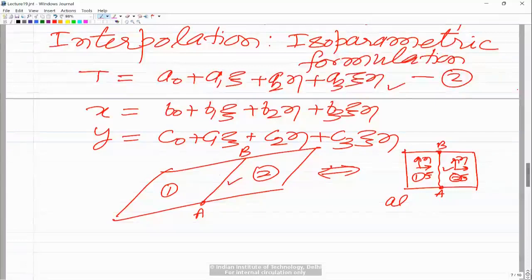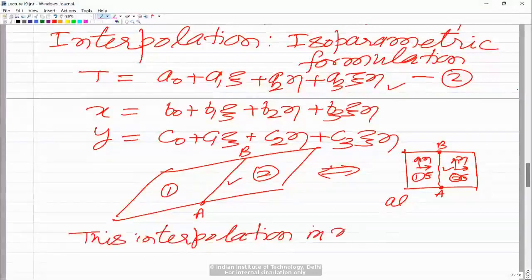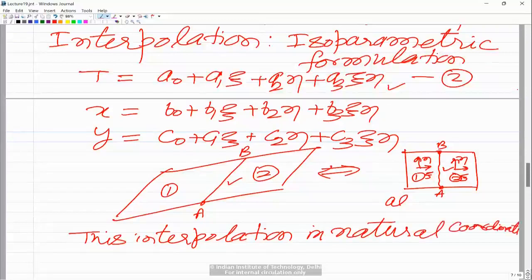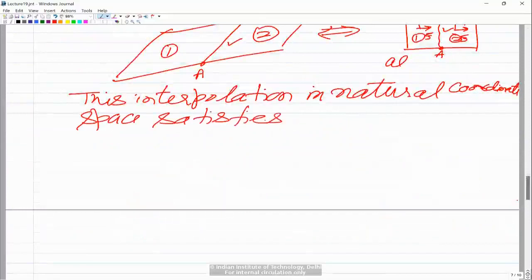So basically, I can say that this interpolation in natural coordinate space satisfies inter-element compatibility, as I explained.